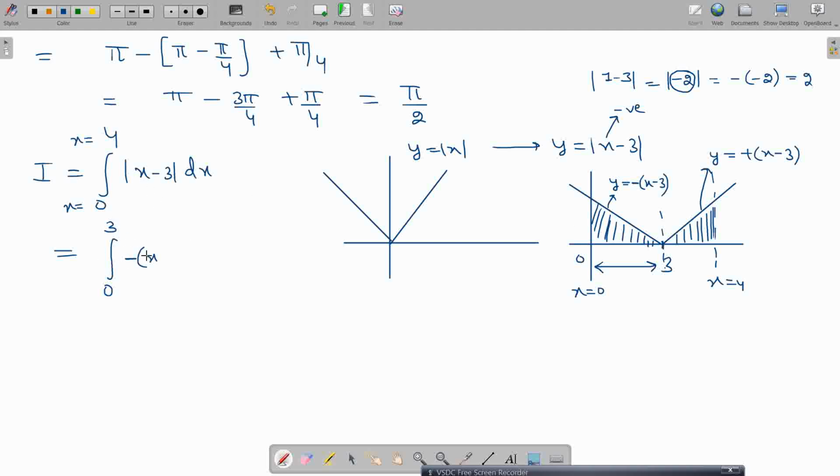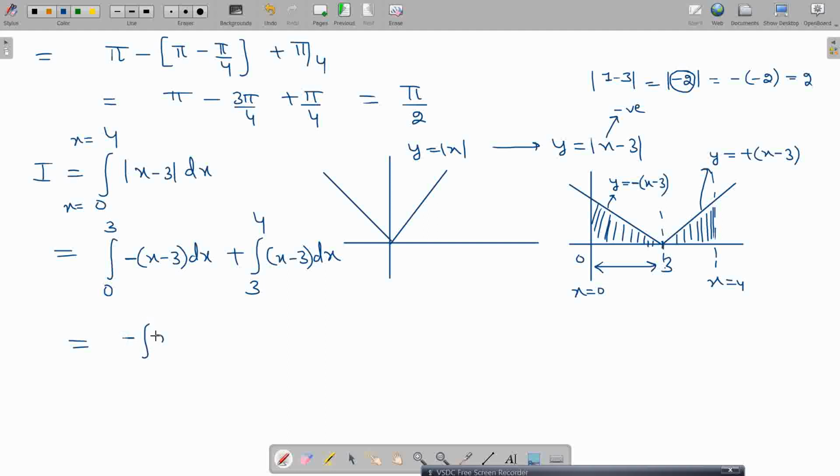So I should write here minus of x minus 3 dx, then plus, starting from 3 to 4, x minus 3 dx, right? So now this is a simple integration. When you solve it, what do you get?